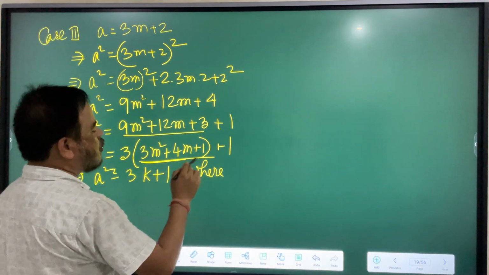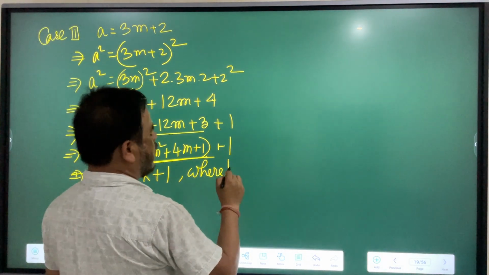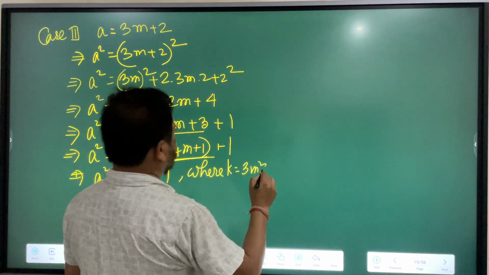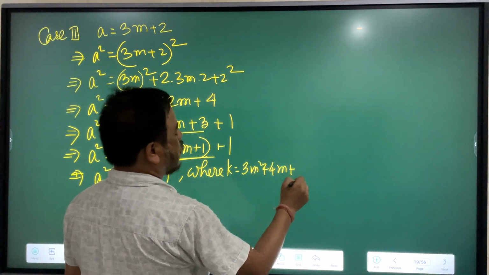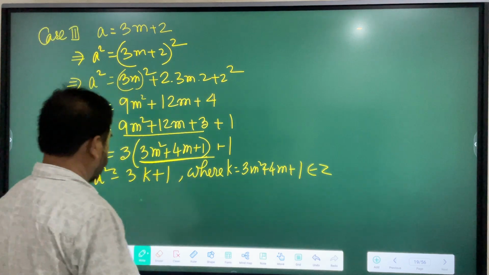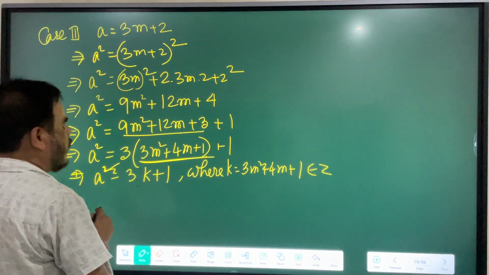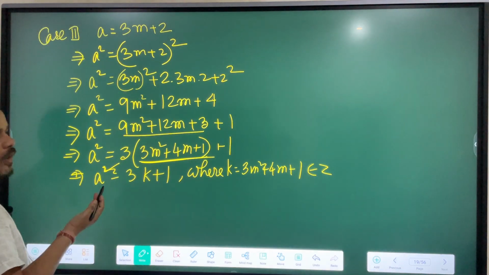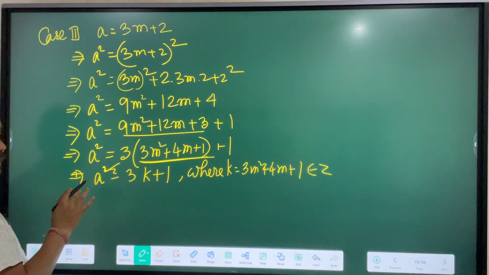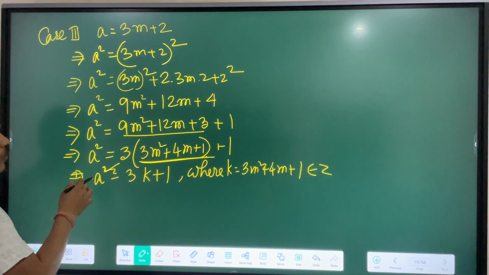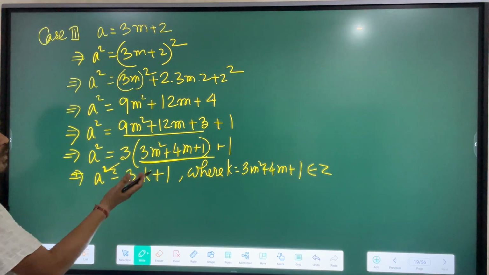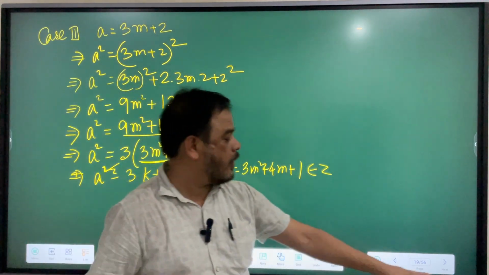So k equals 3m square plus 4m plus 1 belongs to Z. So the square of any integer a can be expressed as 3k or 3k plus 1.